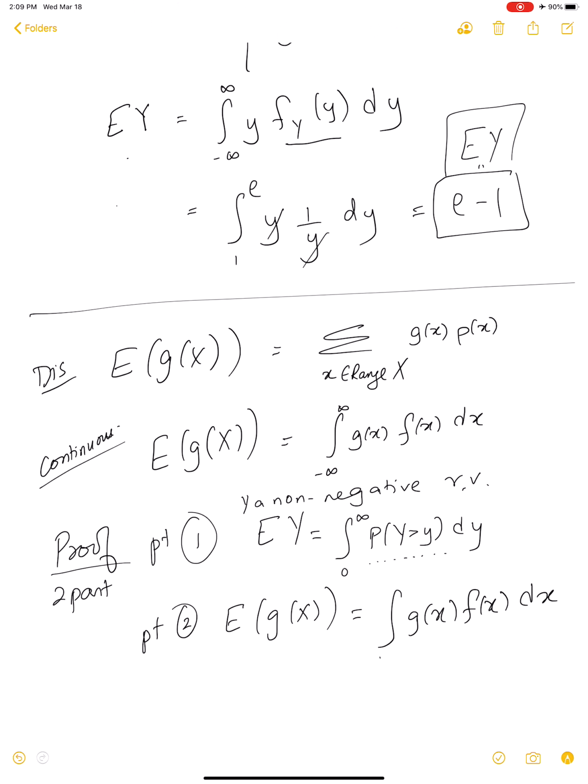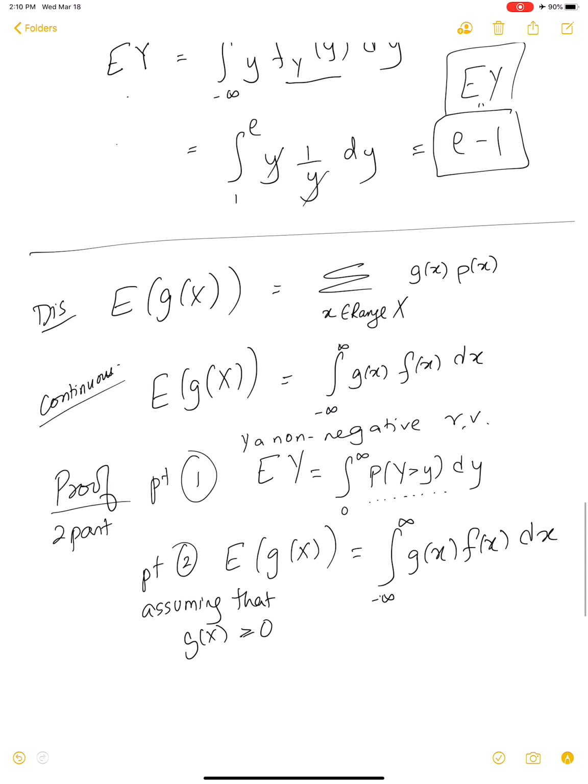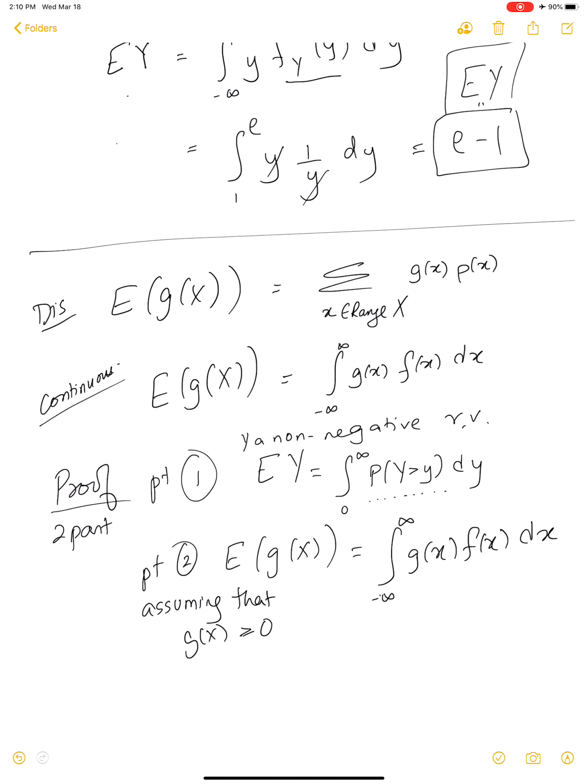Okay, and here you're assuming that g of x is a non-negative random variable, that is, with probability 1, g of x is bigger than 0.